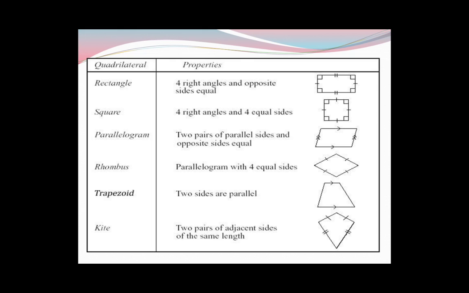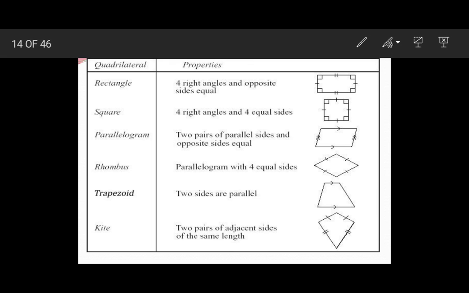Then let's see the properties of quadrilateral. So first is rectangle. In a rectangle, there are four right angles and opposite sides are equal, right? This is the property of rectangle.